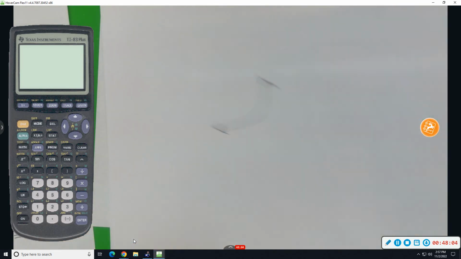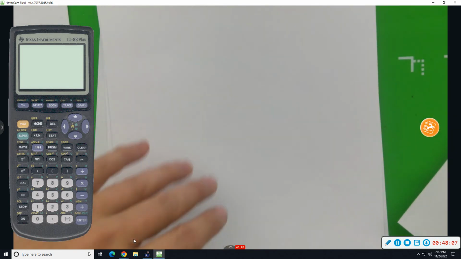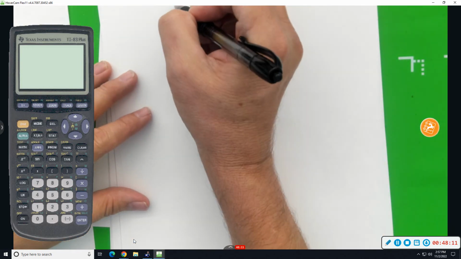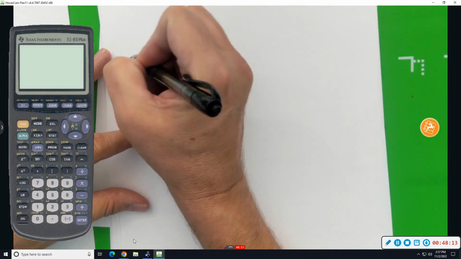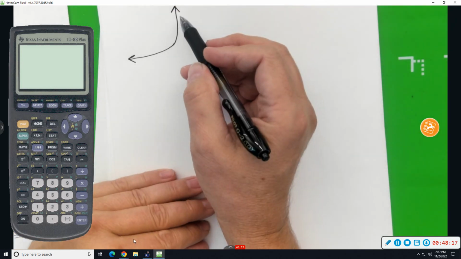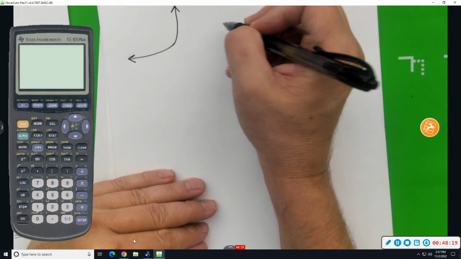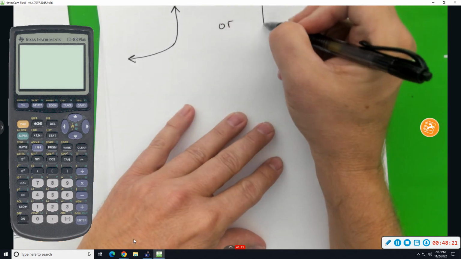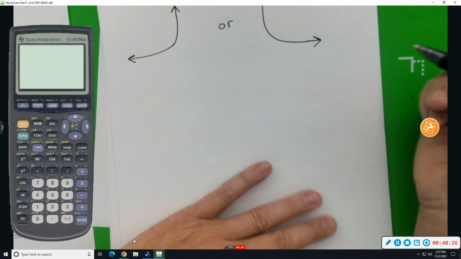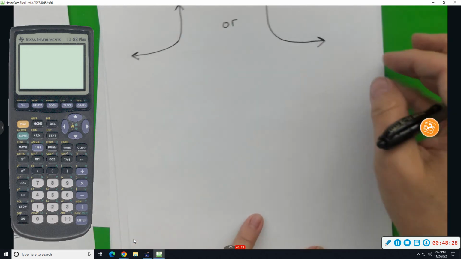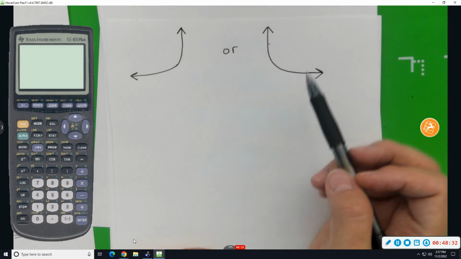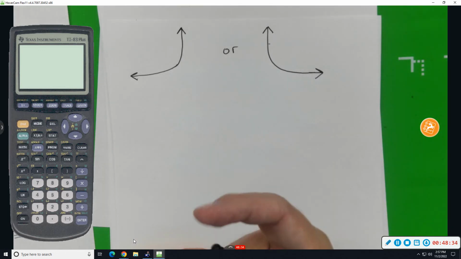We expect it to be real steep on the right side and flat on the left, or it could be like that.